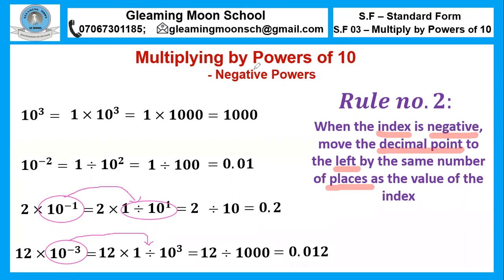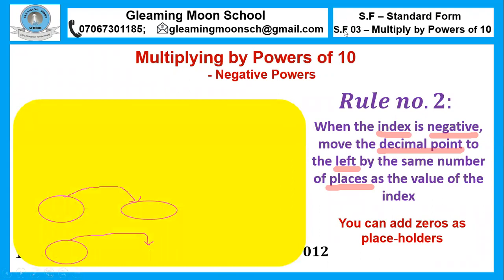Remember, you can always add your 0 as a placeholder. We didn't need to add 0 here because we worked it out using the long division method. But I'm going to show you now the shortcut of how we do this without bothering about the long division method. So let's have a look.